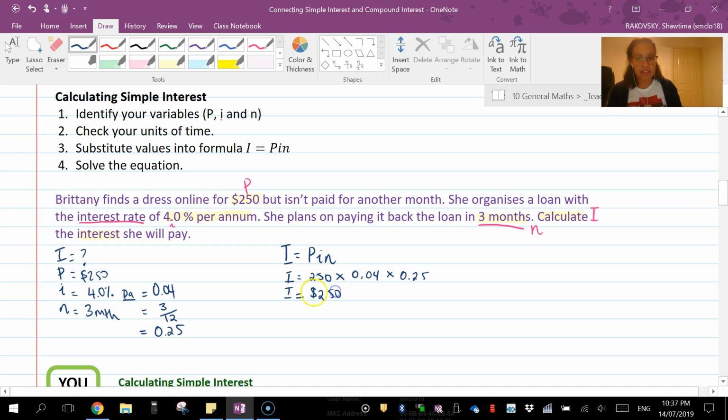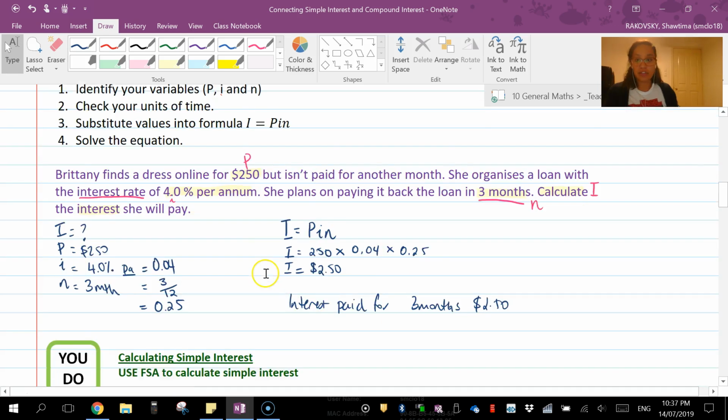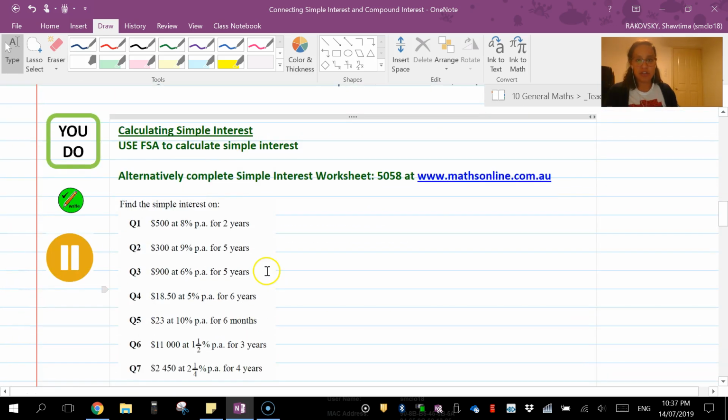That makes sense. It's a very small amount: small loan, small interest rate, small length of time. So the amount of interest you will pay is going to be $2.50.